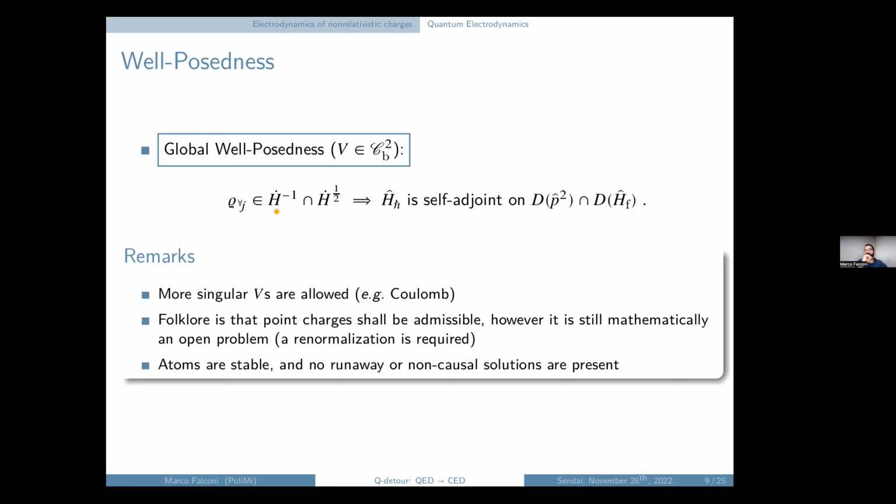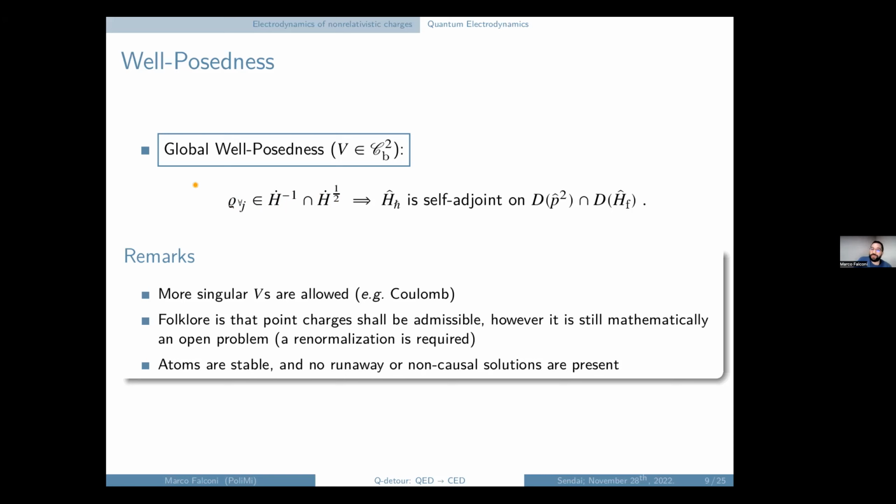This means that if we take the Fourier transform of rho and divide it by |k|, this is square integrable. And then we take the intersection with the homogeneous space of positive index 1/2. So we take the Fourier transform of rho, multiply by the square root of |k|, and this is a square integrable function.